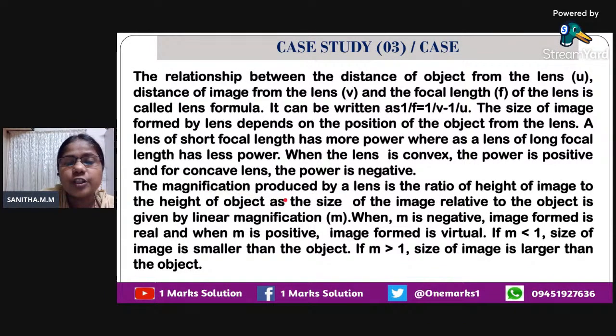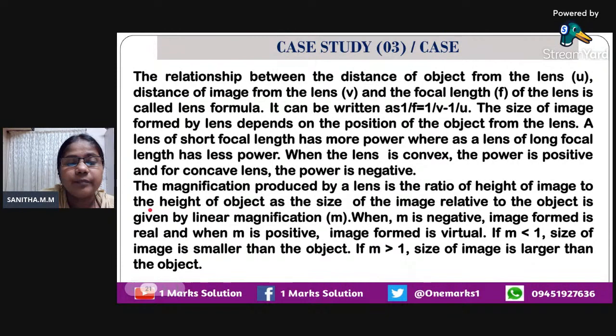The magnification produced by a lens. What is magnification? How much larger the image you are seeing, or how much diminished, that is magnification. How will you find the magnification? It is the ratio of the height of the image to the height of the object, that means how much it is enlarged or how much it is diminished. hi by ho, or h dash by h.